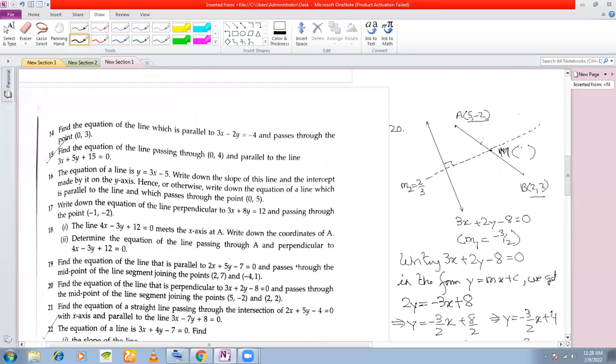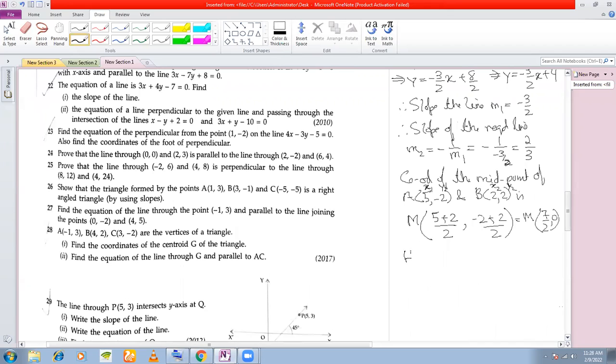So now you have got the coordinates of this midpoint also. The dotted line has the slope 2 by 3 and it passes through the point (7 by 2, 0). So what should be the equation of the line? If you know the slope of the line and one point on the line, which standard form do we use? The point slope form, right?